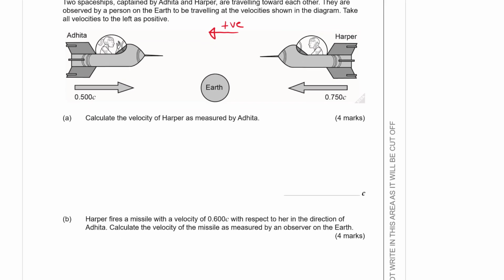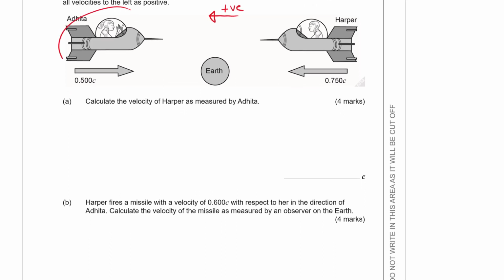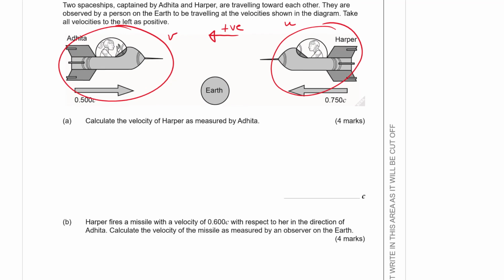Okay, so it's asking for the velocity of Harper as measured by ATAR. That would mean that ATAR in this particular case would be v and Harper would be u. The reason ATAR is v is because this individual is moving and observing, because we're asking how fast Harper is according to ATAR. So I would start by writing down what I know.